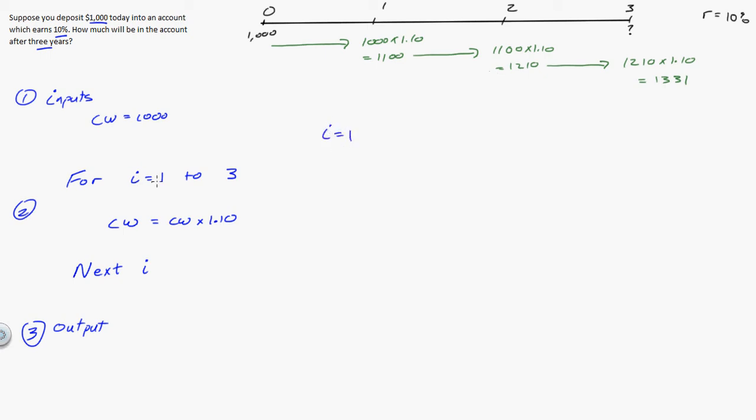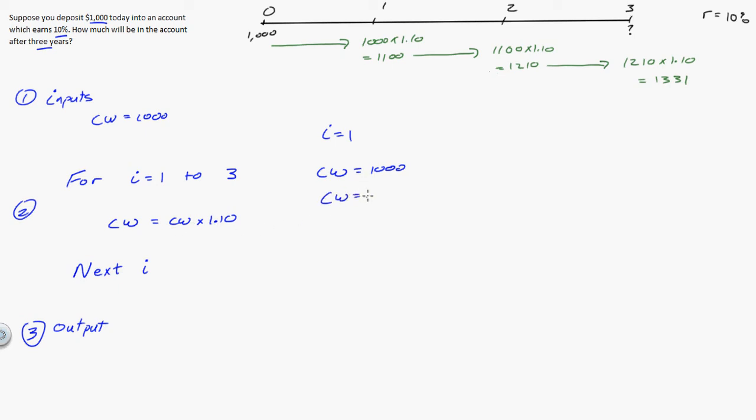When I first do this, for I is equal to 1, CW is equal to 1,000, and then it says, and this is important, this line right here is not like a mathematical equation, because CW can't be equal to CW times 1.1 unless CW is 0. The way you read this, CW shall be equal to CW times 1.1. So it's, again, not a mathematical equation, it's the programming language. CW is assigned a value CW times 1.1.